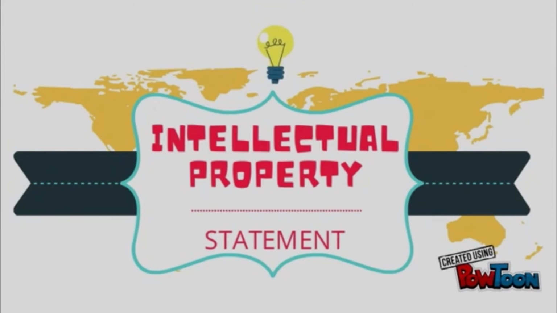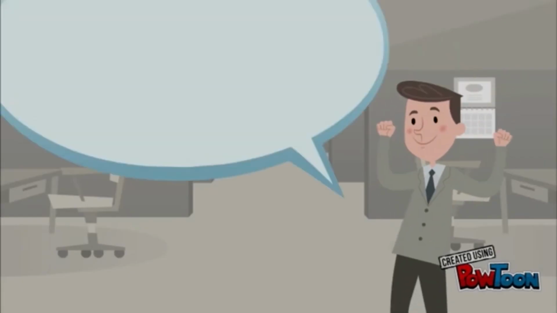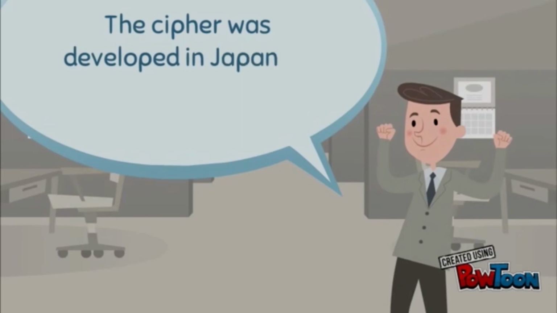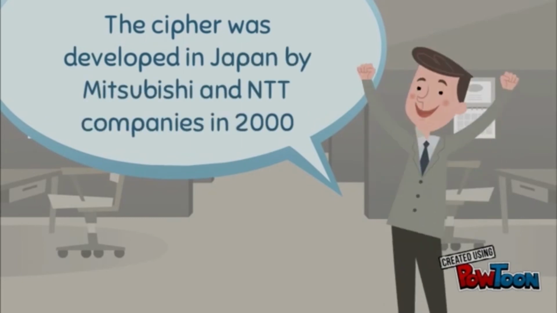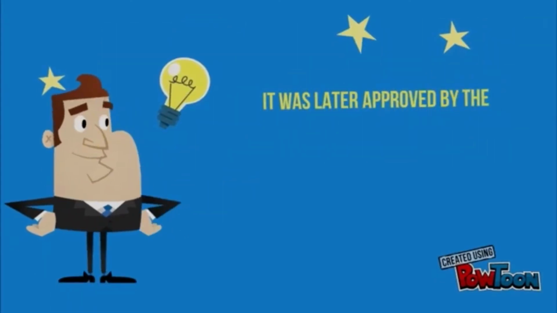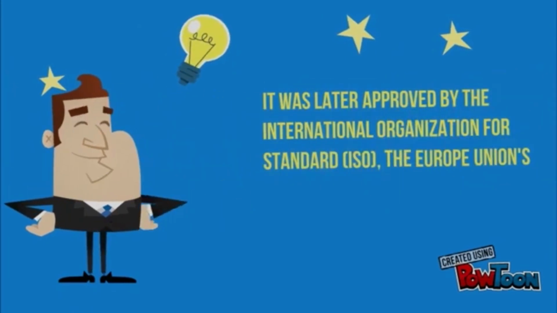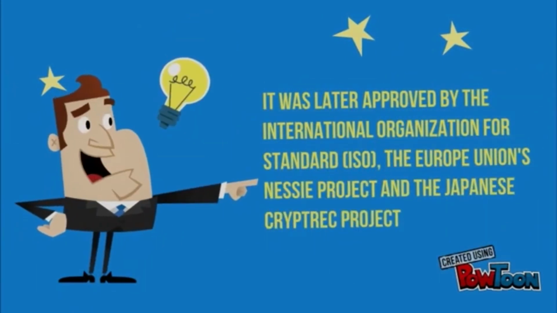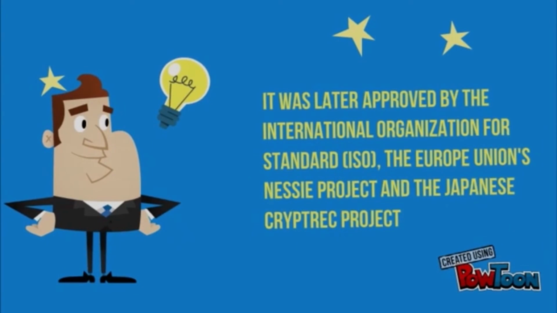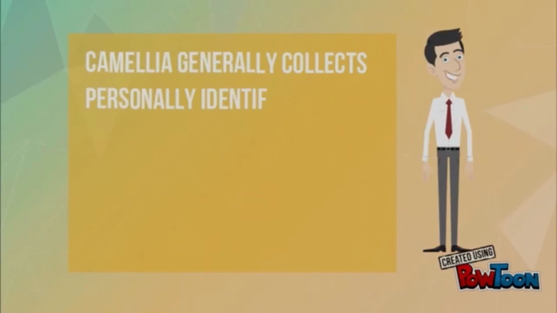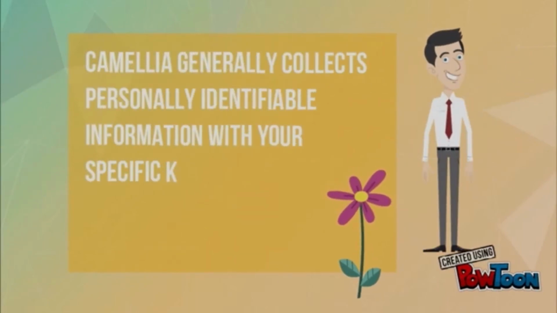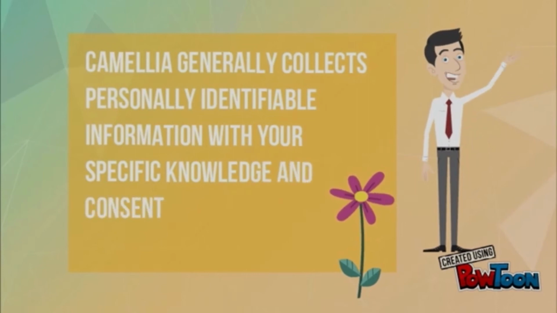Intellectual property statement. The cipher was developed in Japan by Mitsubishi and NTT companies in 2000. It was later approved by the International Organization for Standardization, the European Union's NESSIE project, and the Japanese CRYPTREC project.